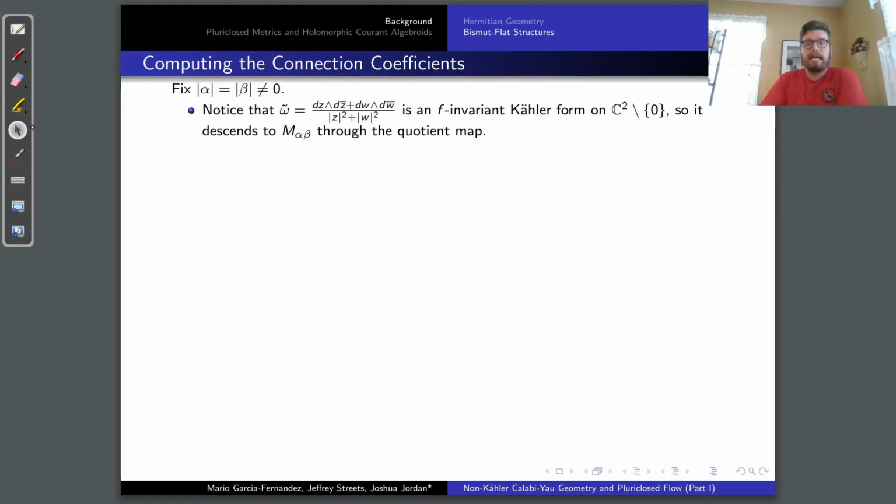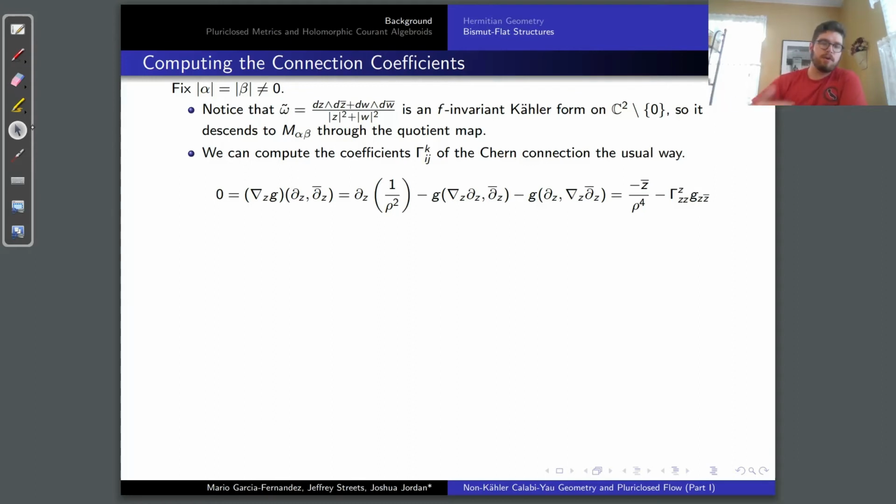And what that means is this Kähler form descends through the quotient map, so it defines a nice metric on the Hopf surface. And because our quotient map is a nice covering map, we can really just work with coordinate patches on the Hopf manifold like they live in C2.